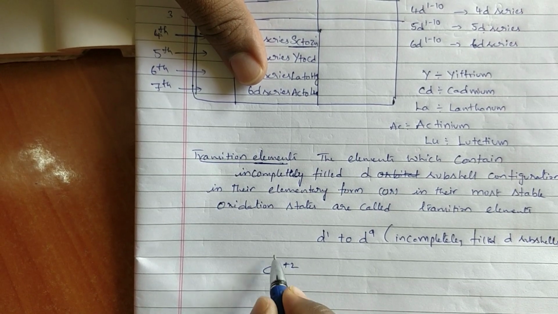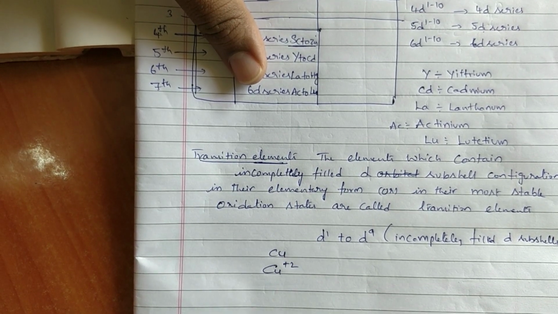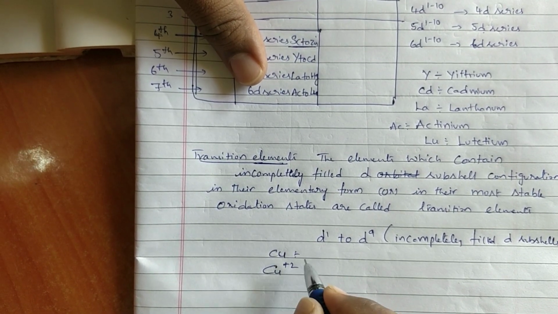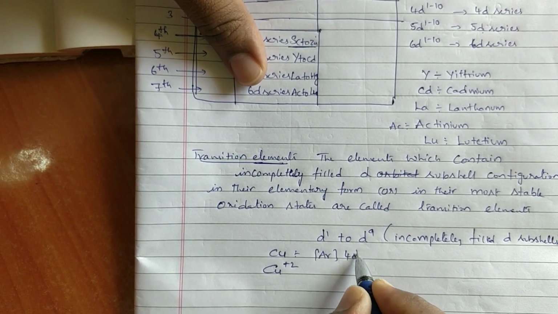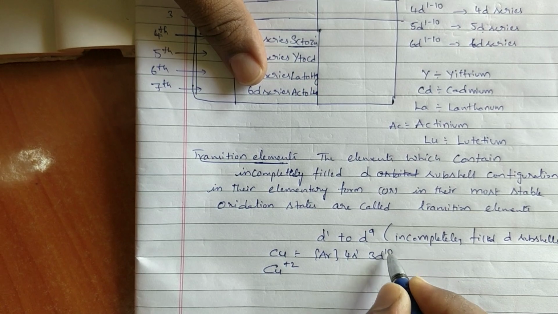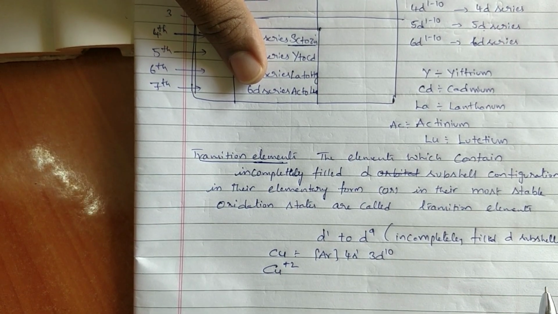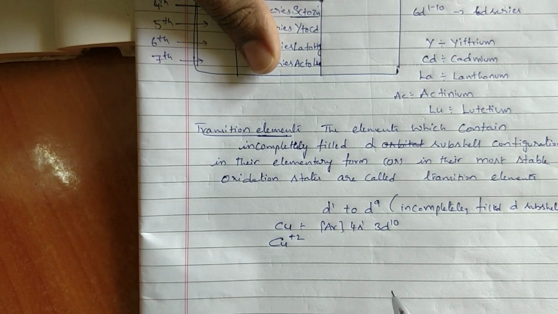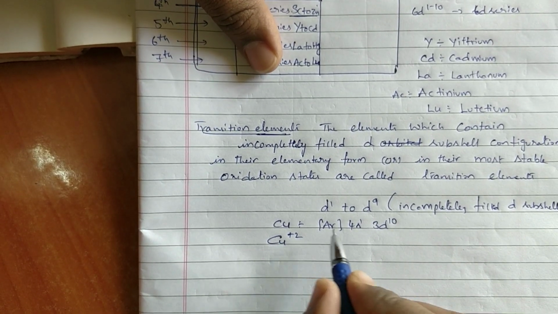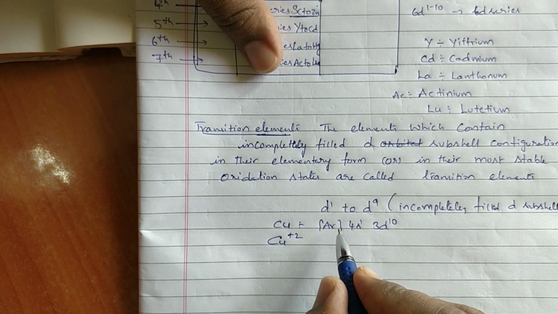Normally, copper in its elementary form, meaning neutral form, has the configuration argon 4s1 3d10. This is the electronic configuration of copper in its elementary form.